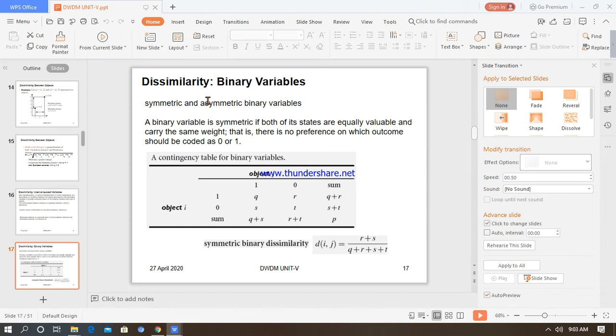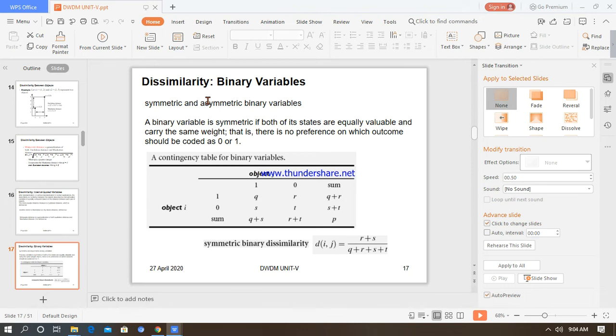An asymmetric binary variable is something like a cancer test. Out of these hundred, only one or two may have the chance of getting cancer. Those types of things we call asymmetric binary variables. Or, out of these 100 records, there is a very low chance of having physically challenged people.